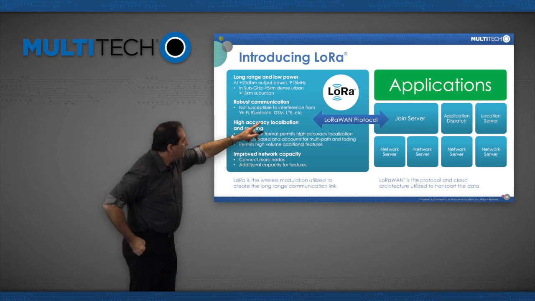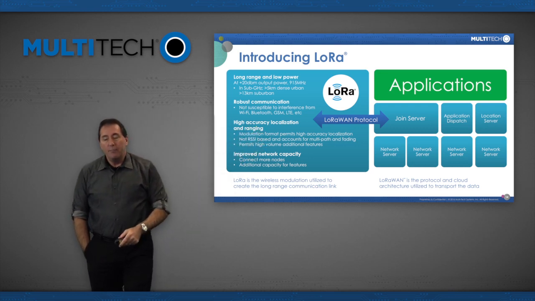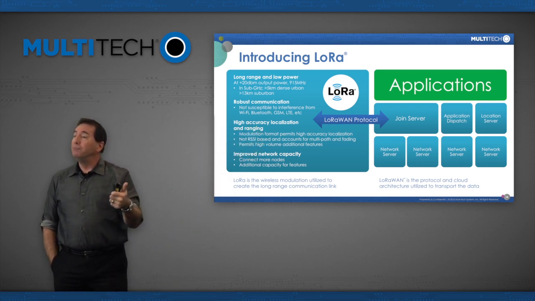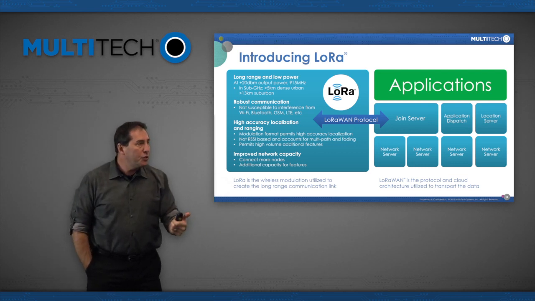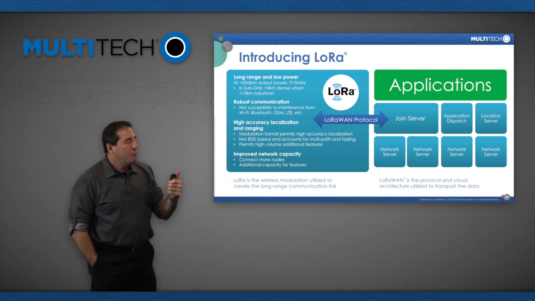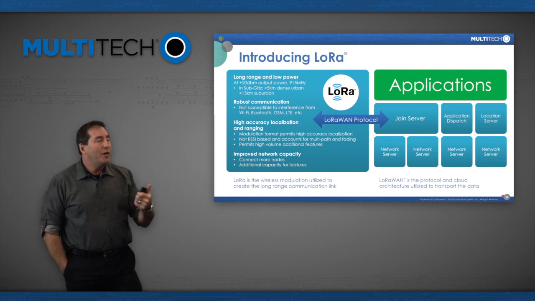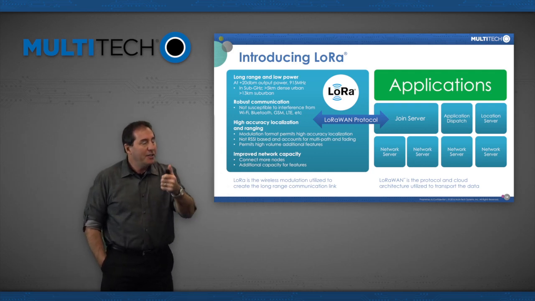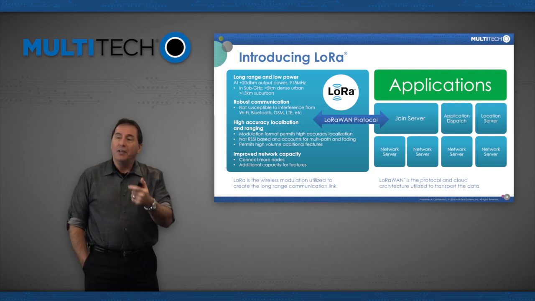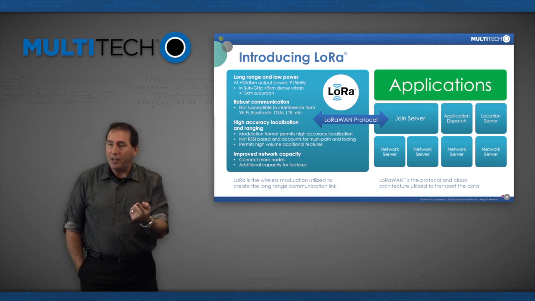There are some other entities in the cloud as well. There's the join server. The join server is the element that is asked when a device wants to join a network. It is asked to do two things. To say, yes, you can.